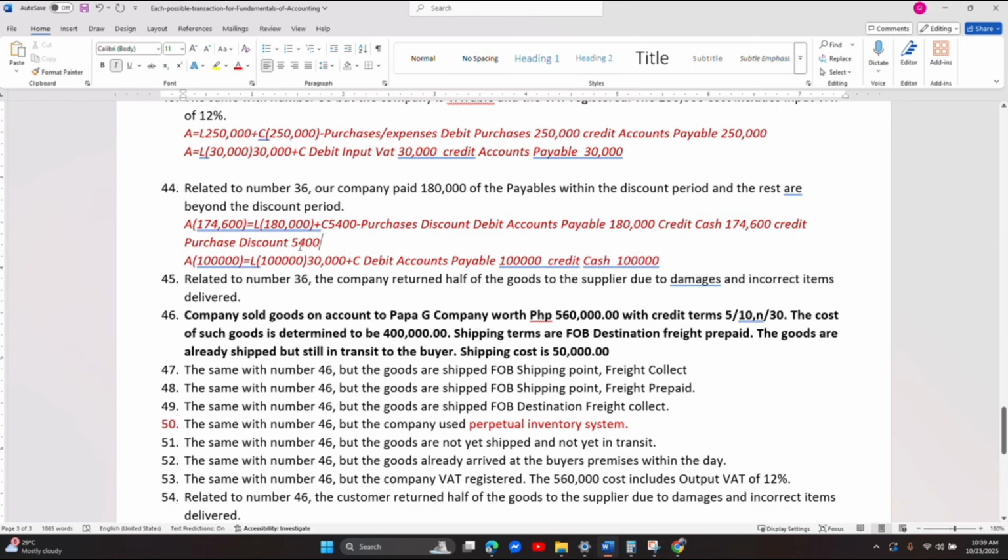So again, this is beyond the discount period. These are the analyses for the payment within the discount period, and this one is beyond the discount period.